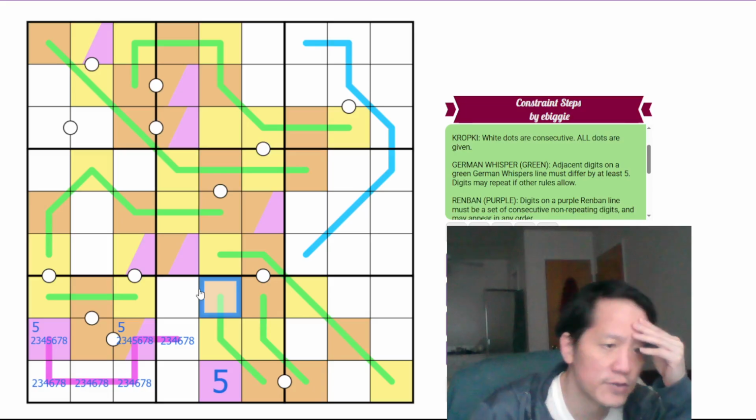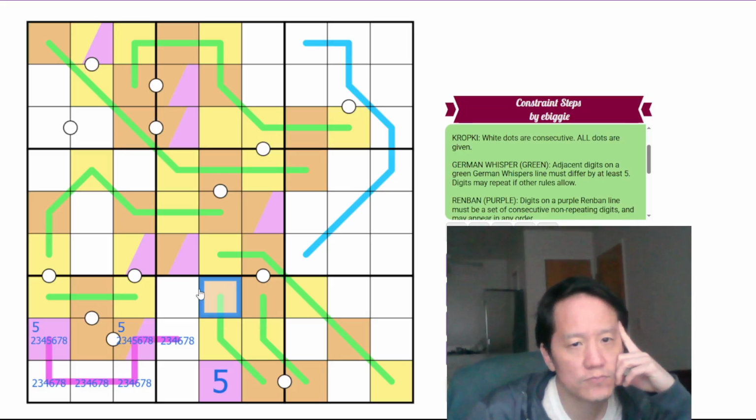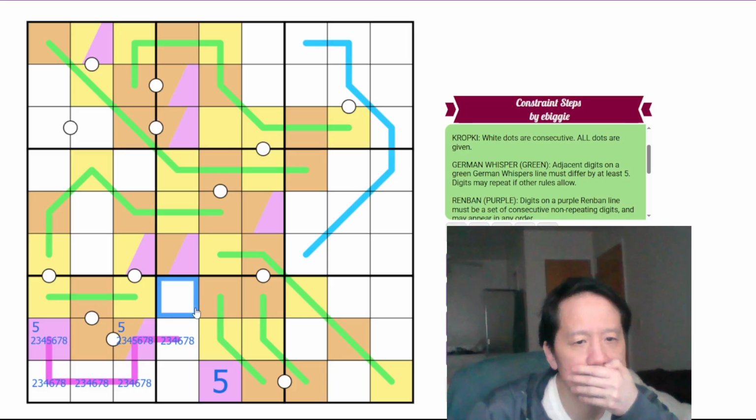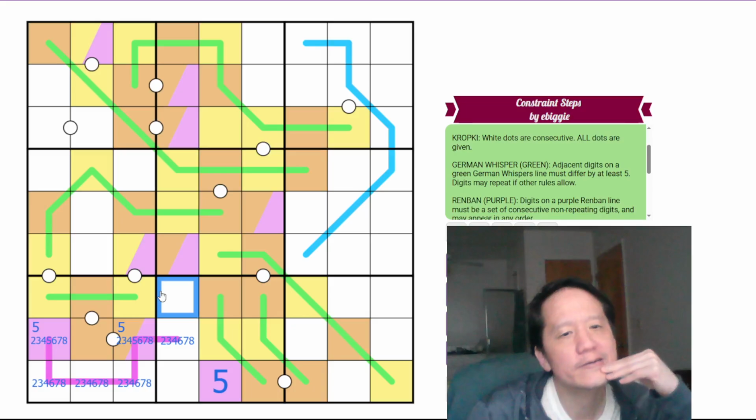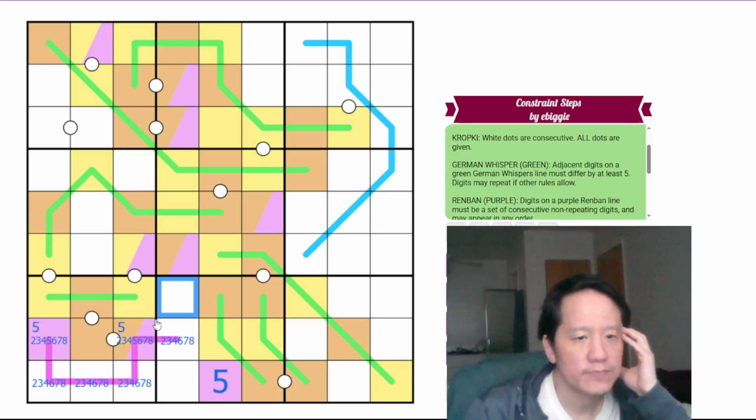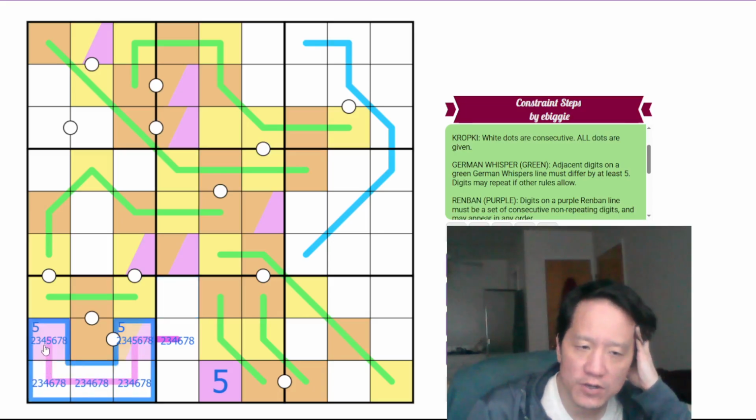Oh, wait, that's another thing that's interesting. In box 5, well, that's not helpful. None of these are consecutive either, though. That's interesting.